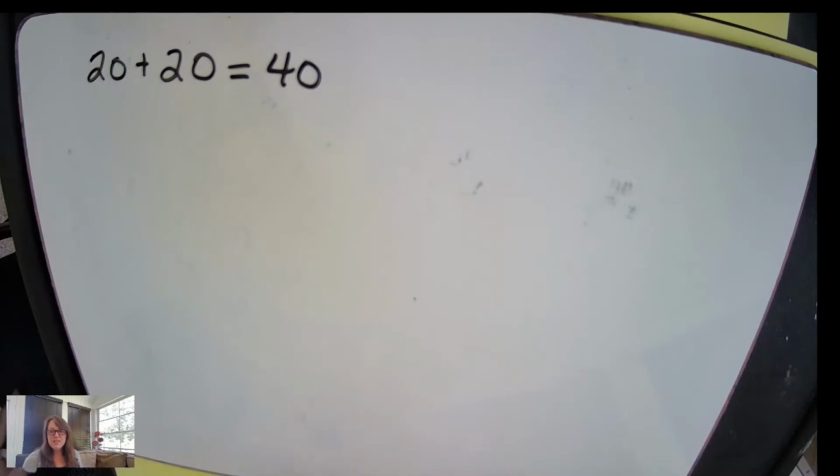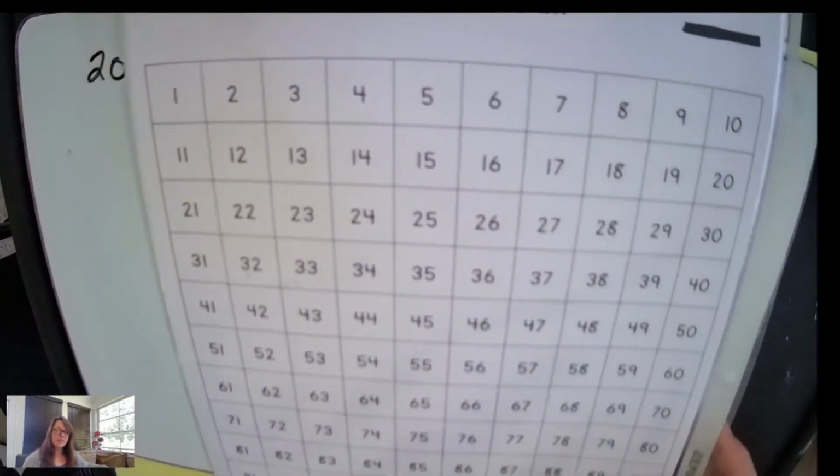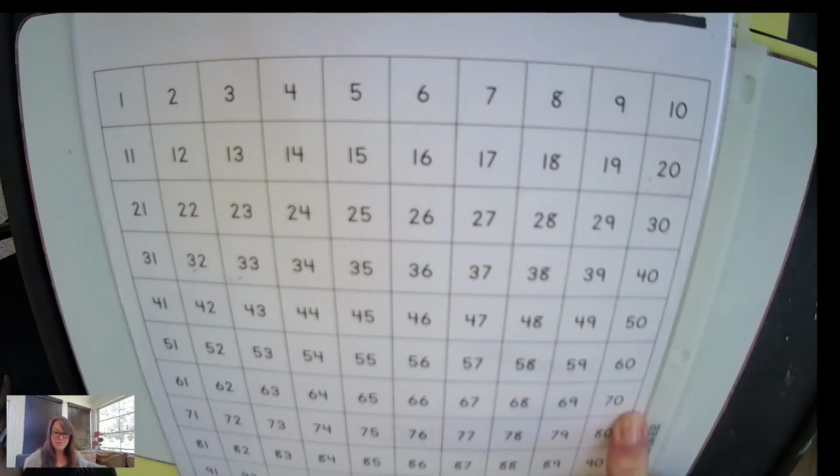Sarah said that she was thinking about a hundreds chart. And she was thinking about this final column in a hundreds chart. This is the column that shows us the tens.